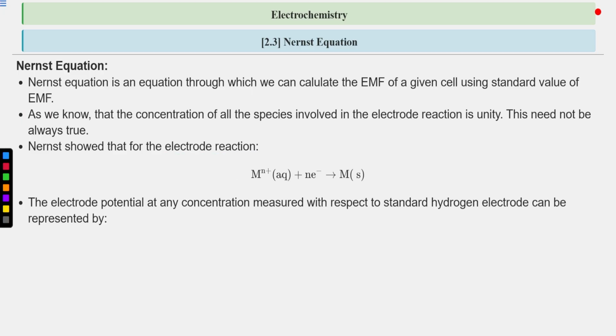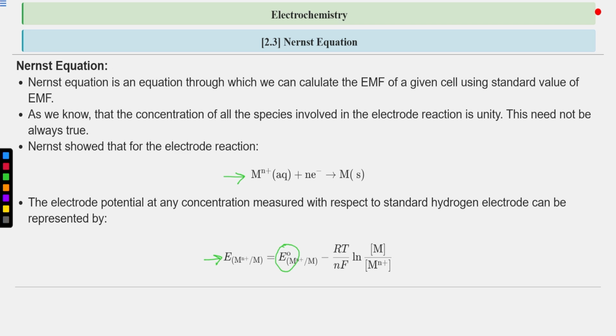The electrode potential at any concentration, that is, where we are not considering the concentration as 1, measured with respect to the standard hydrogen electrode, SHE, can be represented by: E for M^n+ going to M is equal to E naught, the standard potential for this electrode reaction, minus RT by nF ln of [M] upon [M^n+].